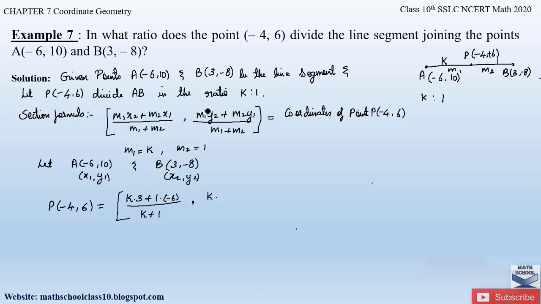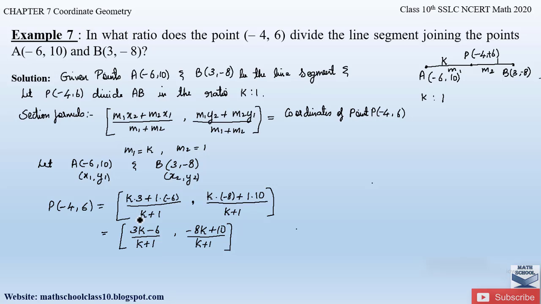It is K, and y2 is -8 plus M2 value is 1 into y1 value is 10 divided by M1 plus M2, that is K plus 1. Now simplifying further, here we have K into 3 is 3K plus 1 into -6 will be -6 divided by K plus 1, and the y coordinate will be K into -8 is -8K plus 10 divided by K plus 1.